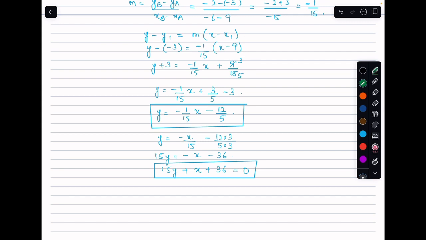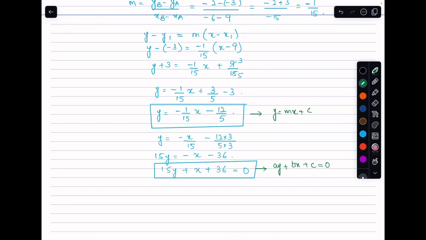And so here I can see that I have represented the straight line in two formats. One is the format which is y equals mx plus c, and the other is the format which is ay plus bx plus c equals 0.